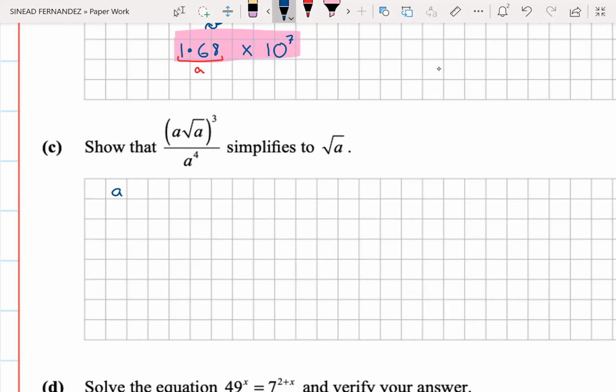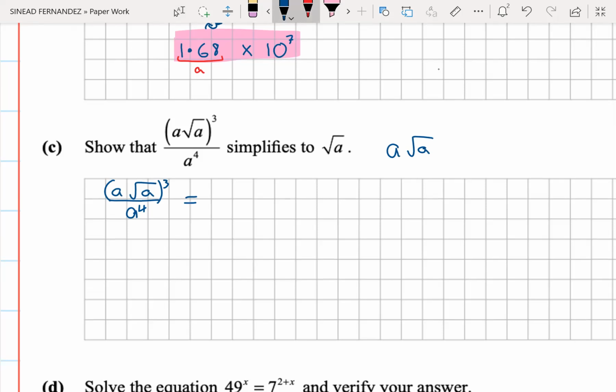So, and this is all about knowing your surds rule and your indices rules. I think we'll look at that top line first. Now, we can rewrite, let me do it over here, that a to the power of a squared.